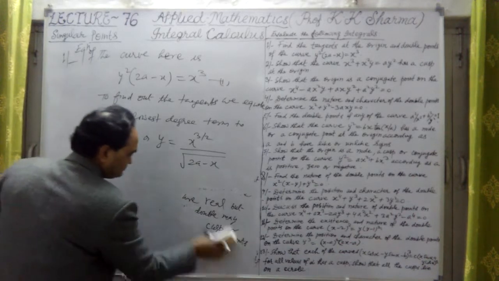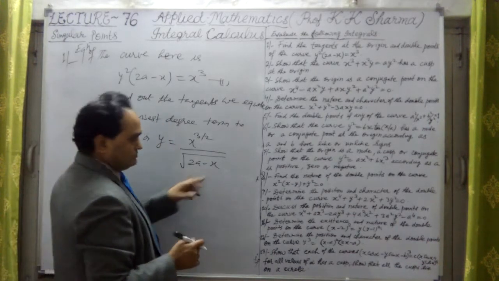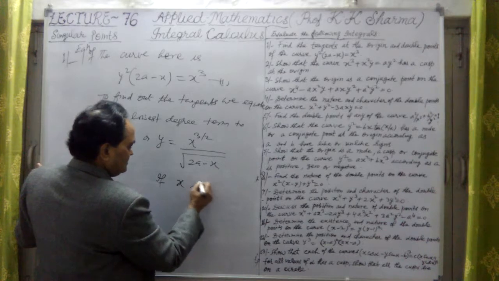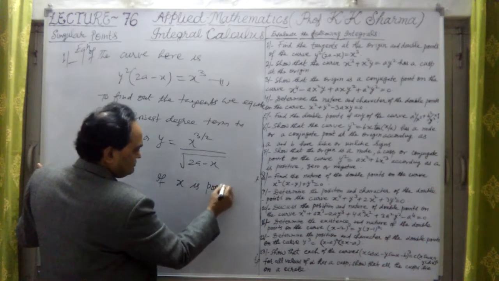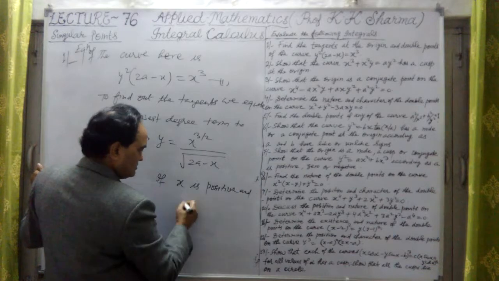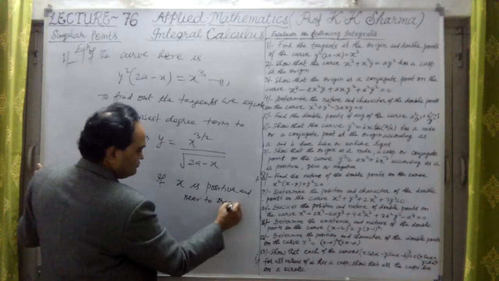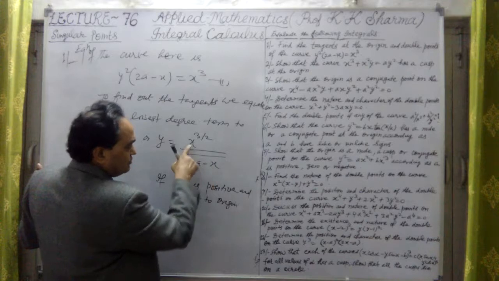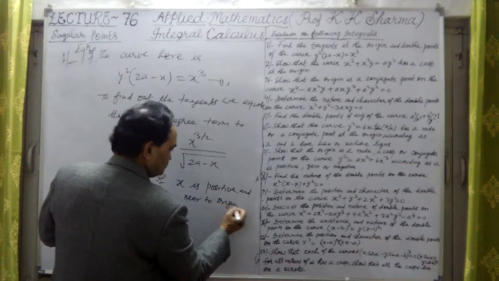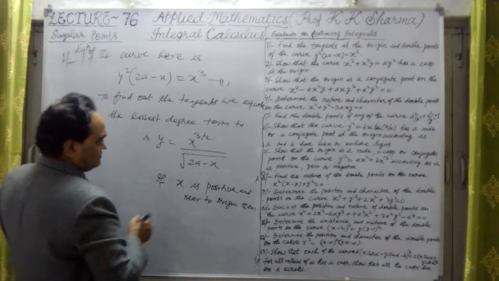Now in this case, if x is positive and near to the origin, meaning its value is very small, then y will be positive.